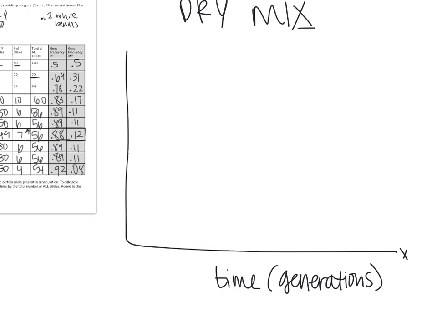So we have the first, second, third, fourth, sixth, eighth, and then the 10th generation. And then the y-axis has the dependent variable, which is the response or the thing that we were measuring. So in this case, it is the frequency of genes.